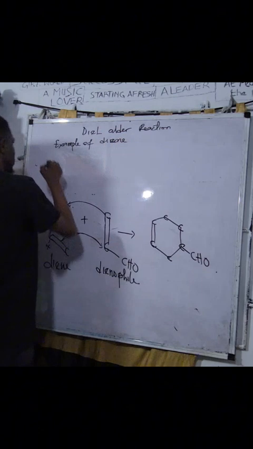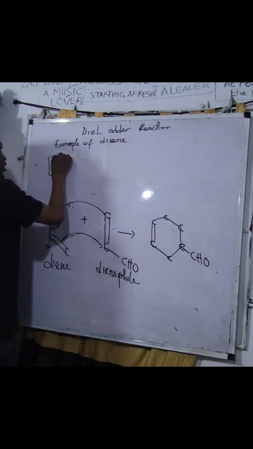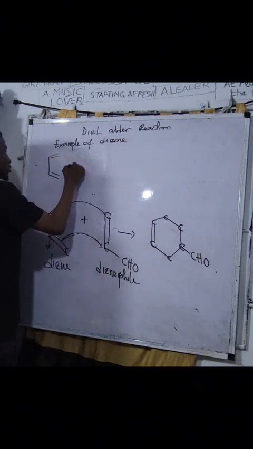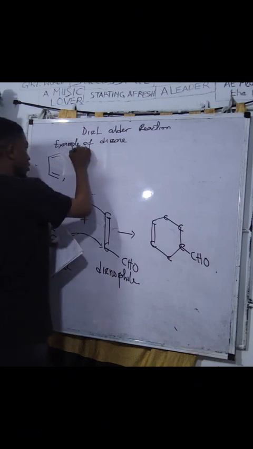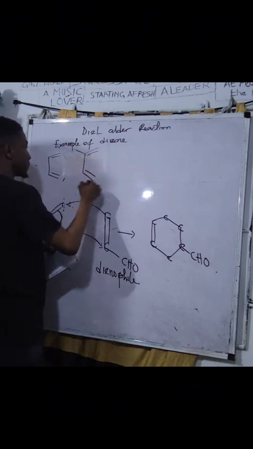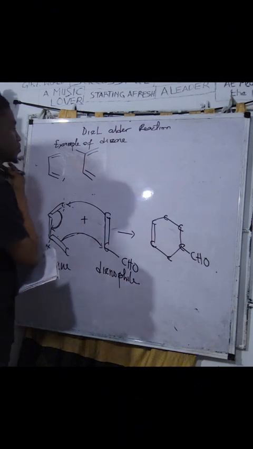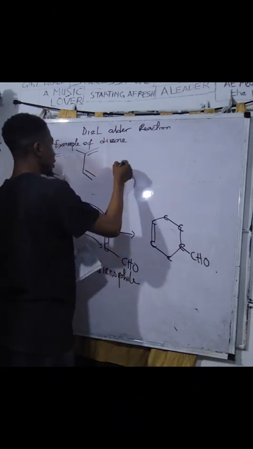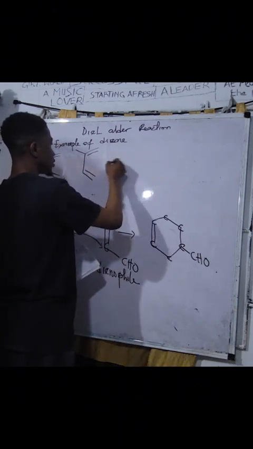Examples of dienes. We have 1,3-butadiene. We have 2-methyl-1,3-butadiene.